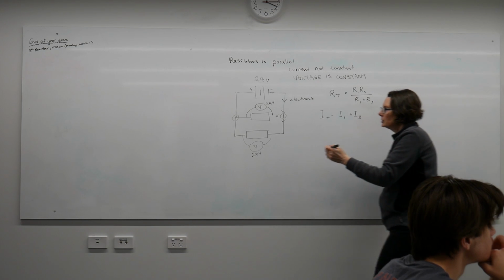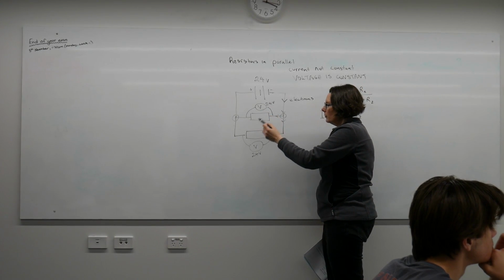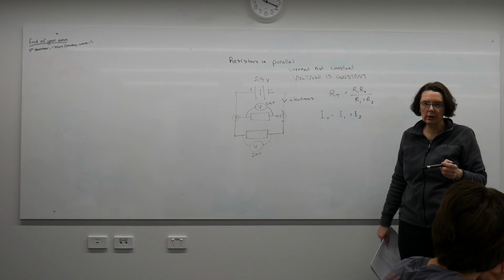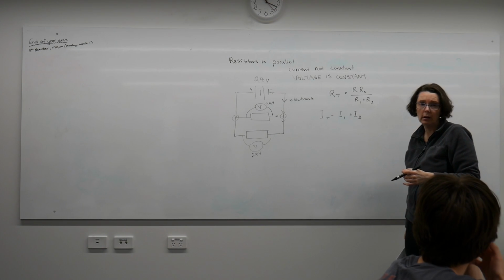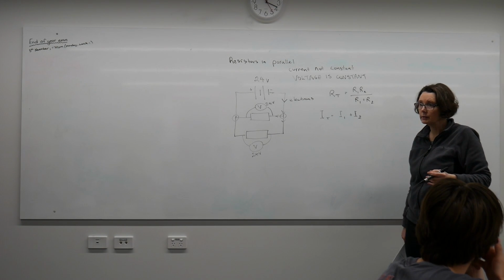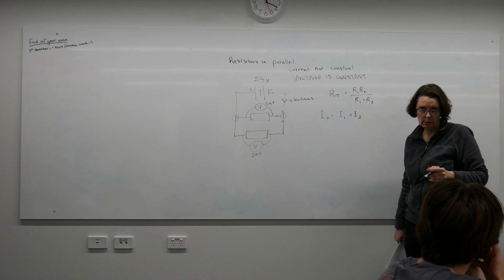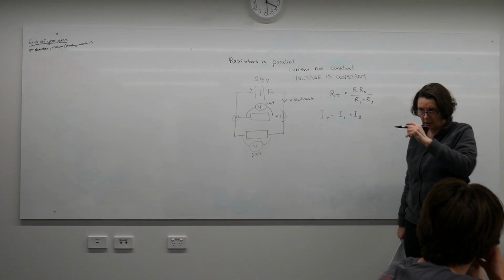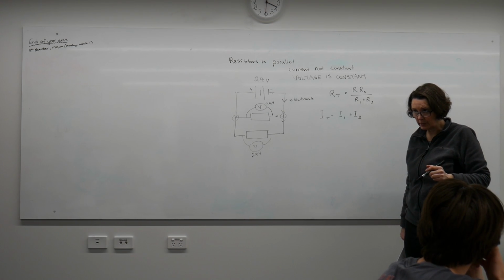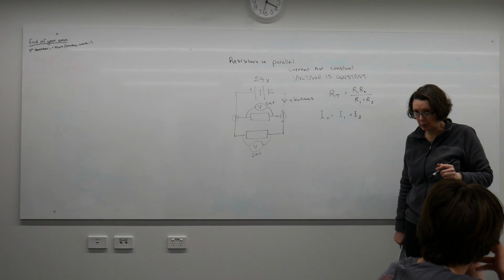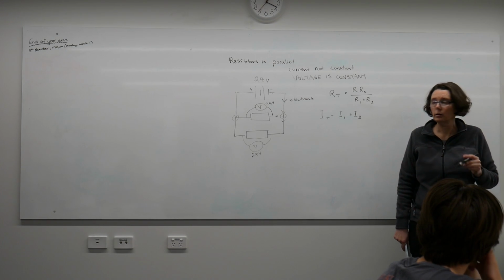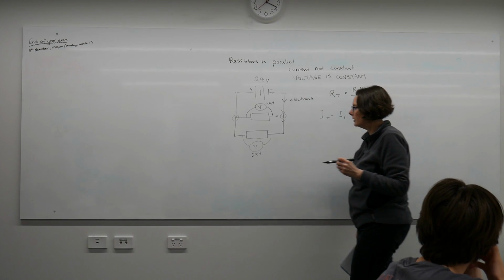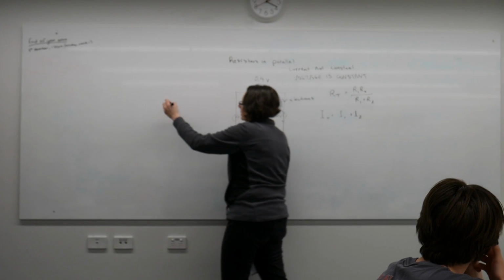Now you might notice that when I've put my voltmeter onto my circuit here, I have put it in what we would say is in parallel as well. It's not in series, okay? Because if it were in series, the electrons would have to go through it. But the electrons don't have to go through it, and we don't want them to, because voltmeters have very high internal resistance.